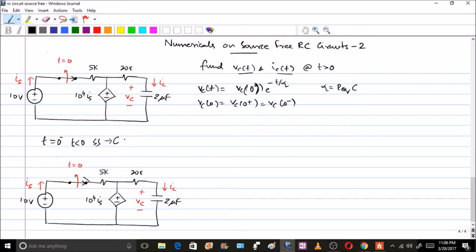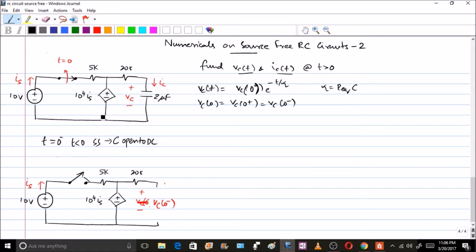That means the capacitor is open to DC, and this voltage will be Vc 0 minus. Because this is an open circuit, I can remove this capacitor from here. Let me put it neatly. Vc 0 minus.